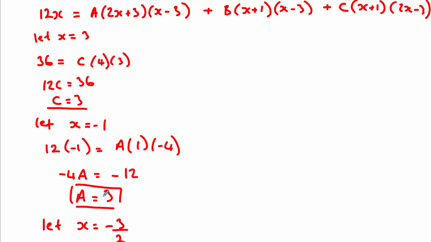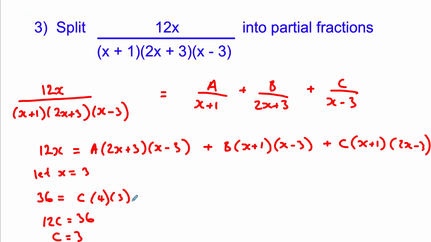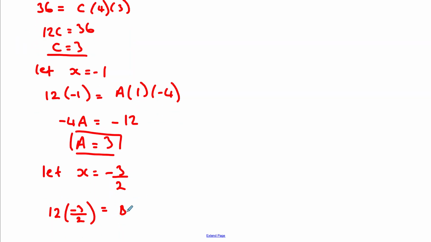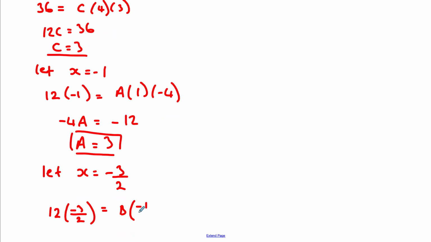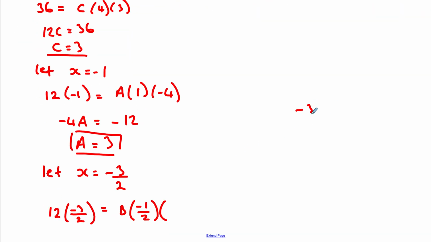On the left hand side, 12 lots of minus 3 over 2 is going to equal, a and c are going to go, we're going to find b. b times minus 3 over 2 plus 1 is minus a half, and the other bracket is x minus 3, so minus 3 over 2 minus 3 whole ones is the same as minusing 6 halves, so that's minus 9 over 2.